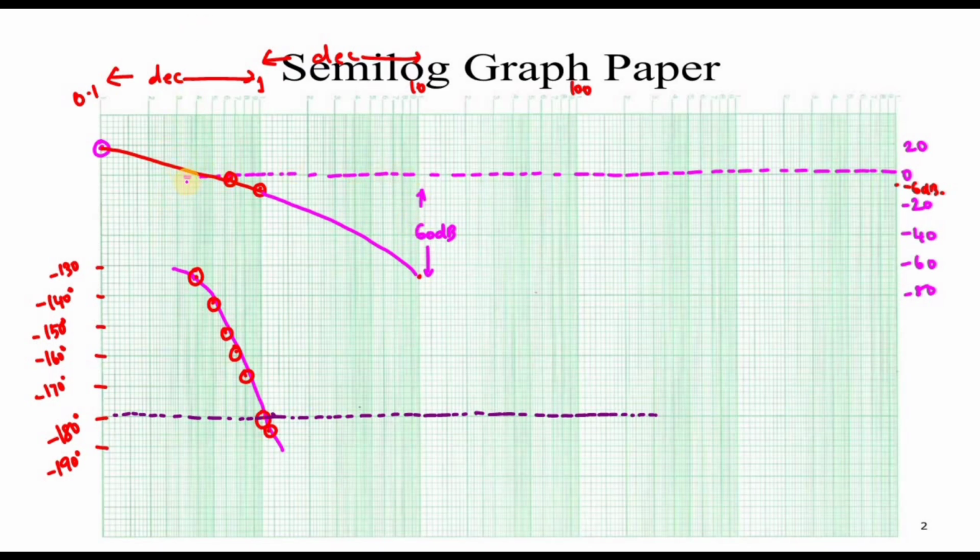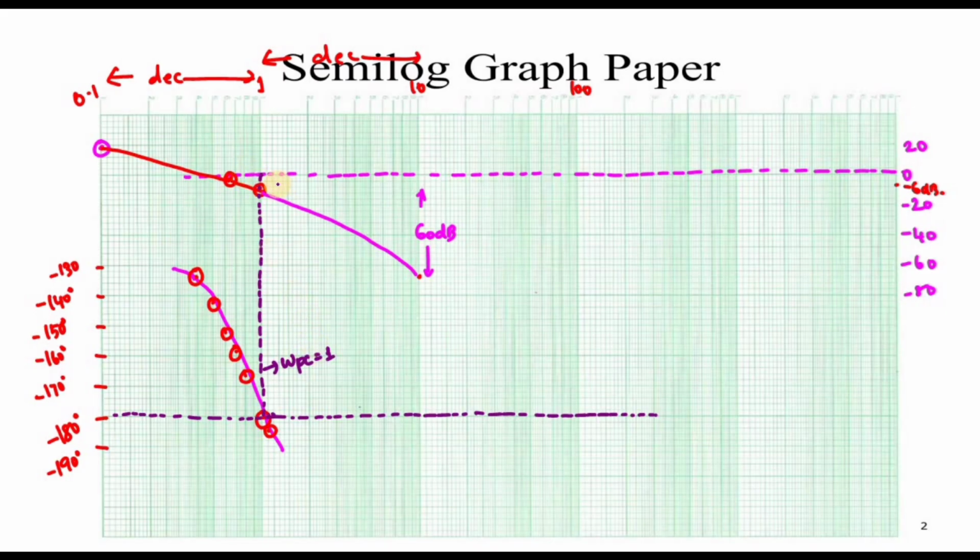Now you have to draw one more line. From the crossover frequency, from this point, if I draw a line, it will cross at omega equal to 1. This is omega PC, equal to 1 radian per second.